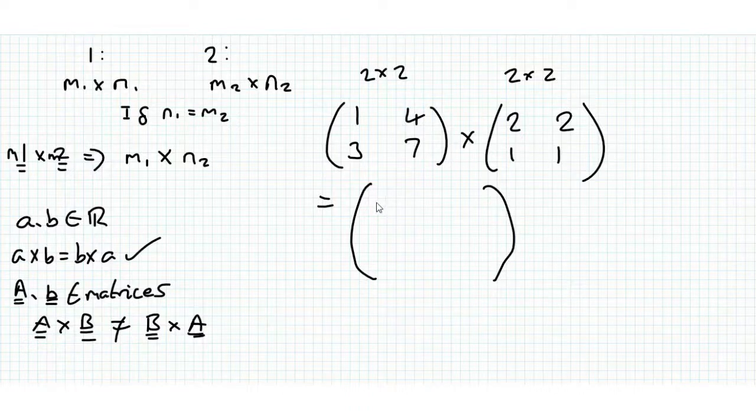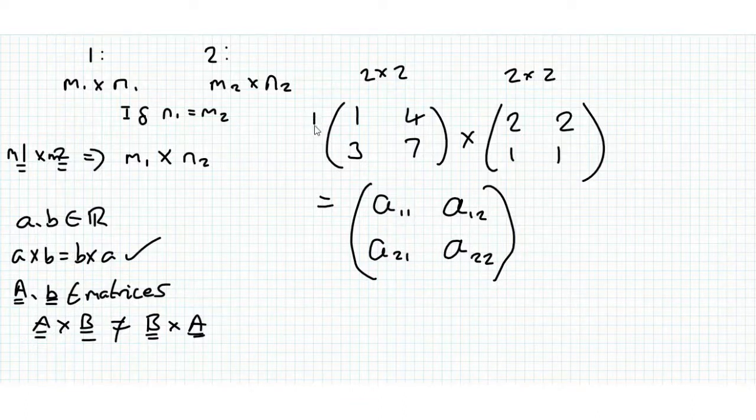Just to illustrate what I meant by the i's and j's, this element here is A1,1. This is A1,2, A2,1, and A2,2.